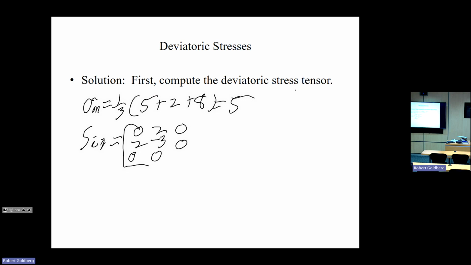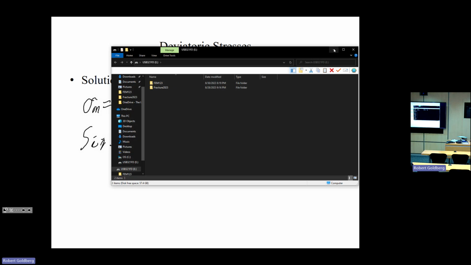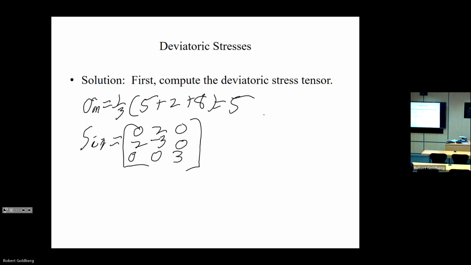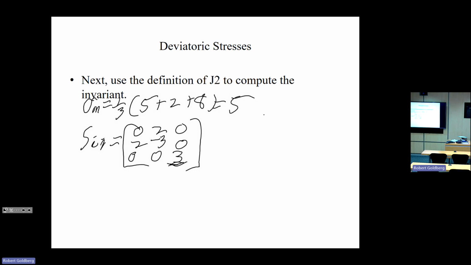Oh, and I did have a typo here. And then it's 8. In the notes, that last component should be 3. I'll write it correctly here. So 8 minus 5 is equal to 3. It's not equal to 5. Just something I never corrected from the last time I did this. But then I did have it right in the next step. So correct this in your notes. It was 5 in the notes. It should be 3.